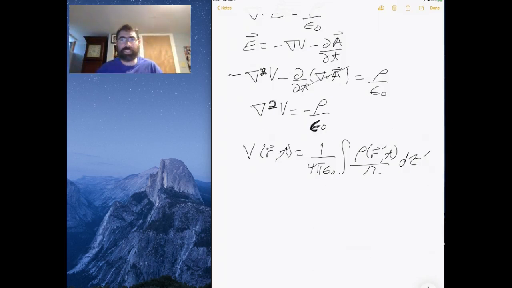The interesting thing about the Coulomb gauge is that changes to the charge density will be known instantaneously throughout the universe. Any change in that function rho here is going to be seen here and in the next galaxy over.